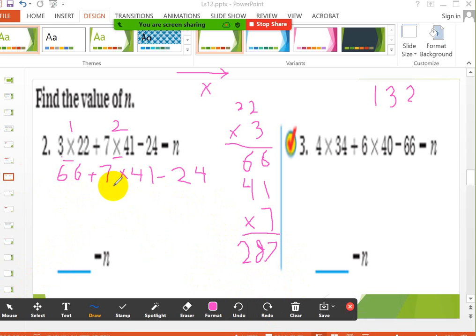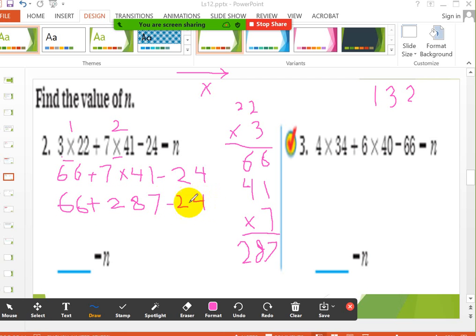So I will write the answer for the second multiplication, 287. And I will write the rest, the number left here, 66, and the addition. Then I will write the subtraction and 24.